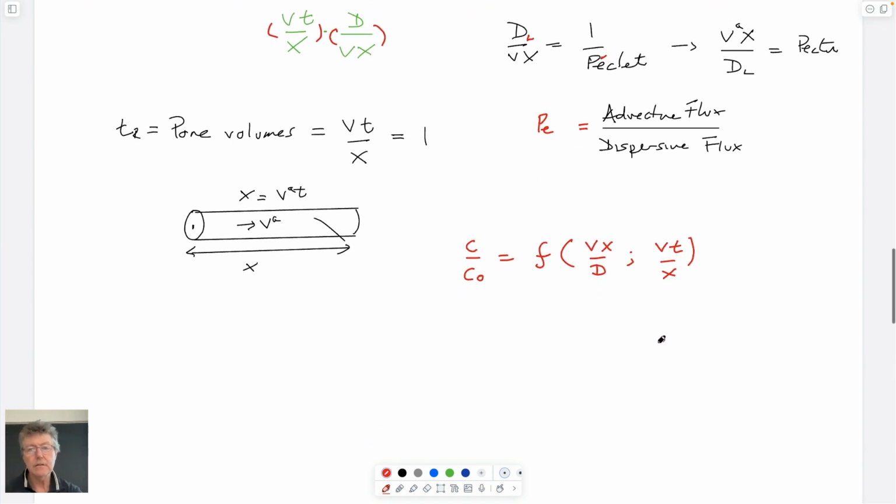And so this term here represents whether... Peclet number... Pe goes to 0 for V goes to 0, and D, omega.